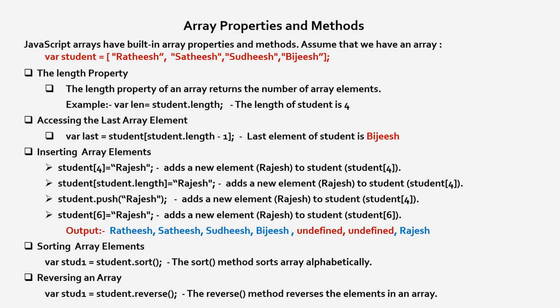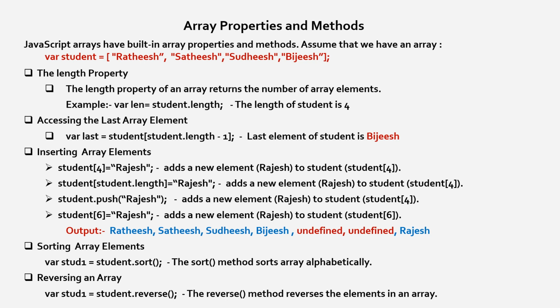See, this is the output: we get undefined, then Rajesh. That much is clear, right? That is also possible, but only an undefined value is available there.